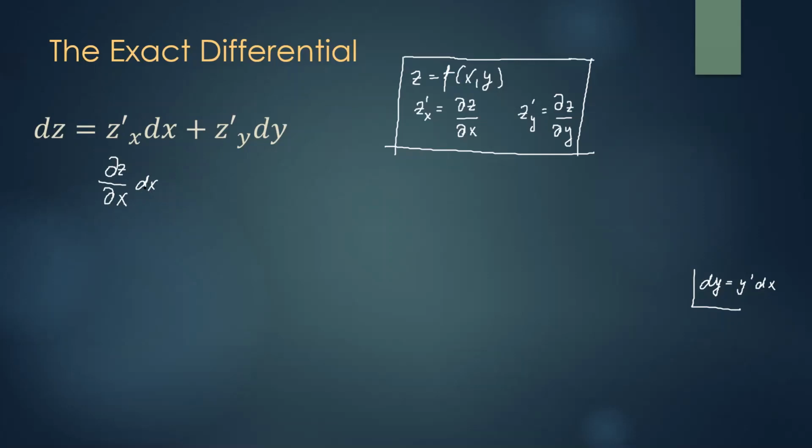If we know the value of the derivative, that is the slope in that direction, then when we take a small step in the x direction, a new small step, the function increases approximately by this. And then when we take another small step in the y direction, the slope in the y direction would be this.